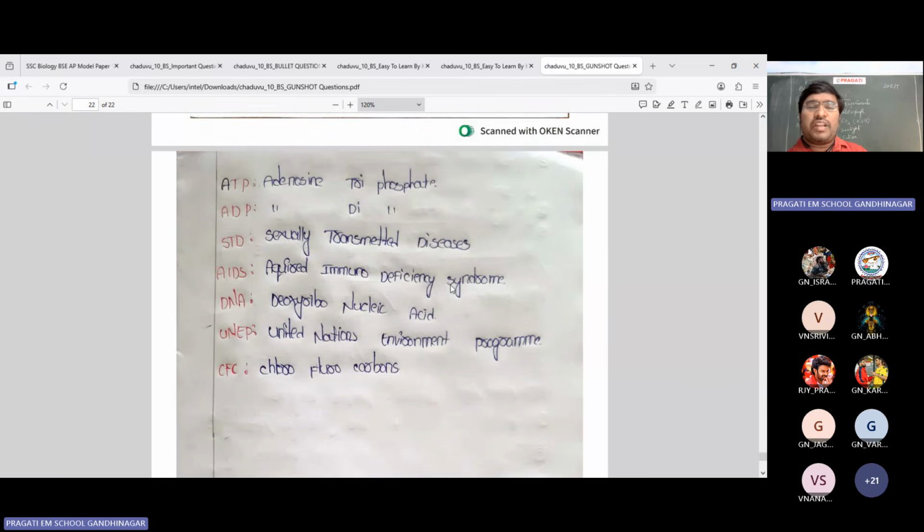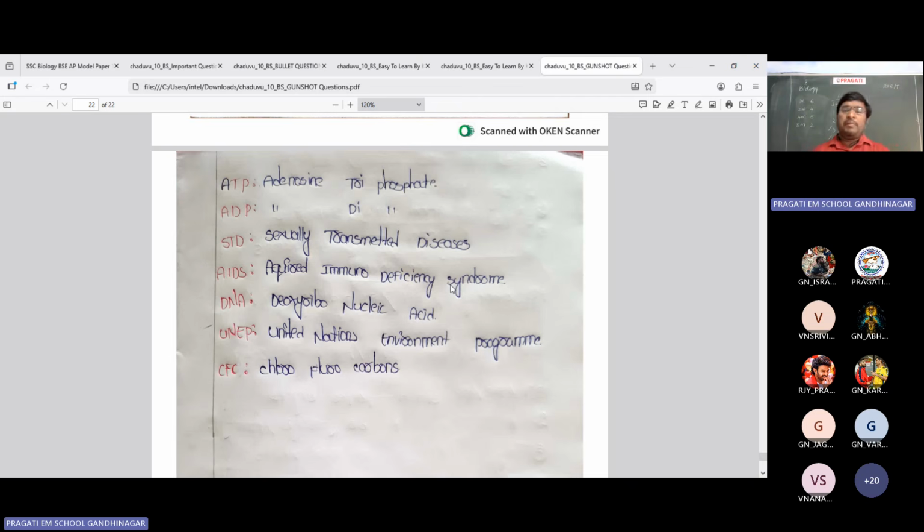See, important abbreviations: ATP, ADP, STD, AIDS, DNA, UNEP, CFC. We can add HIV also here.